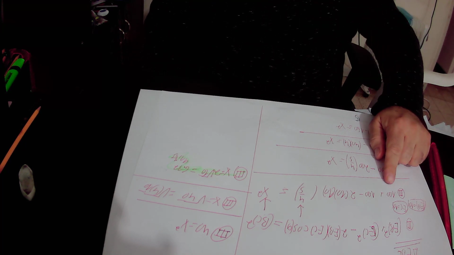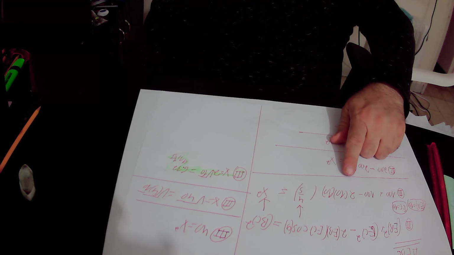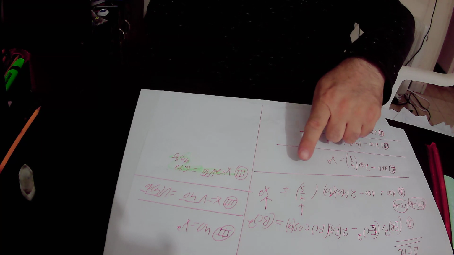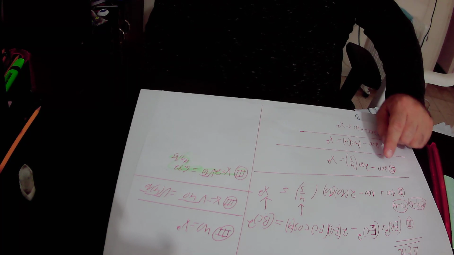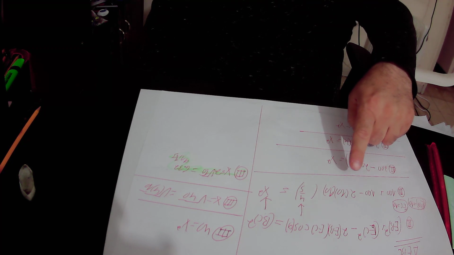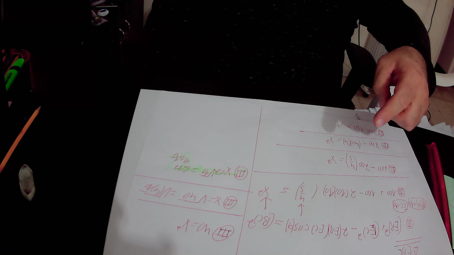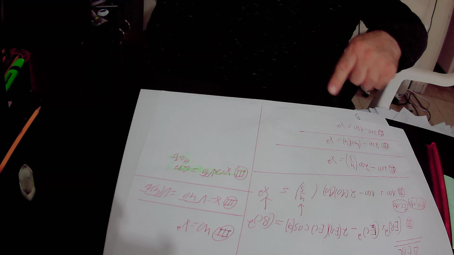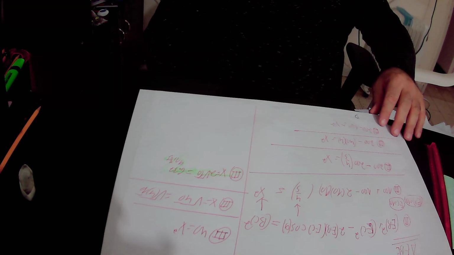So here we have 100 plus 100 minus 2 times 10 times 10 times 4 over 5, that is cosine alpha, equals X squared. 100 plus 100 is 200. So here we have 10 times 10 is 100, and 100 times minus 2 is minus 200. So it is 200 minus 200 times 4 over 5 equals X squared.